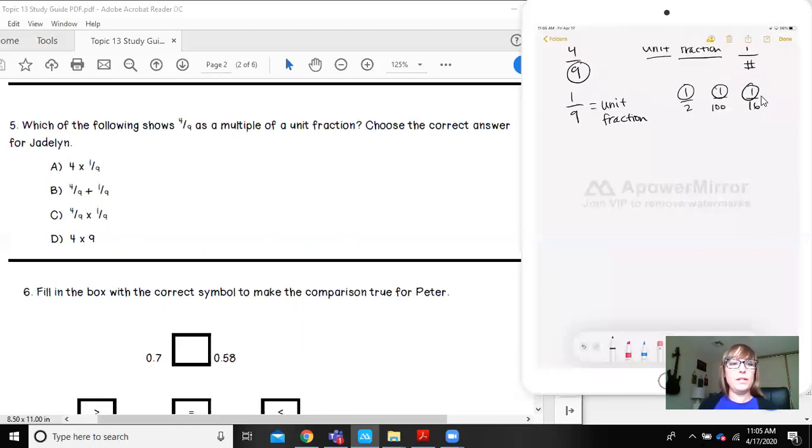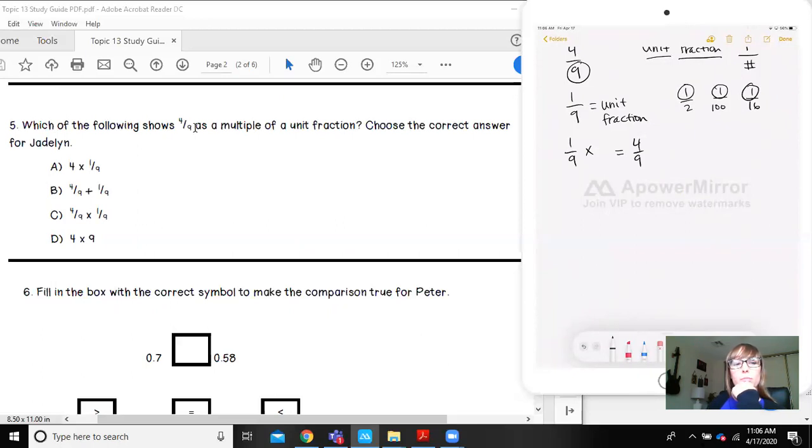So now, if we need to make it be the same as 4/9, what can we do with this? Okay, let's see. So we have 1/9. We need to multiply it by something to get 4/9.